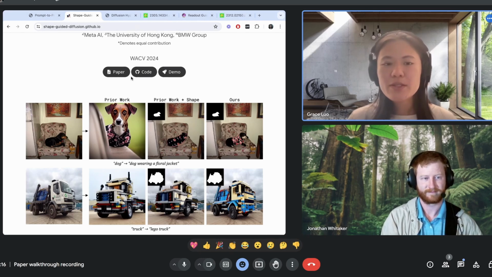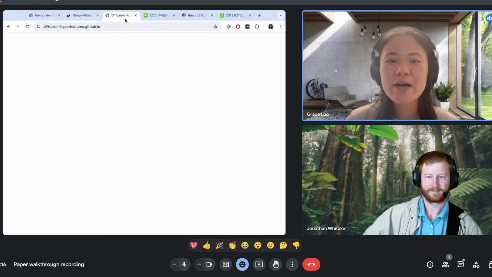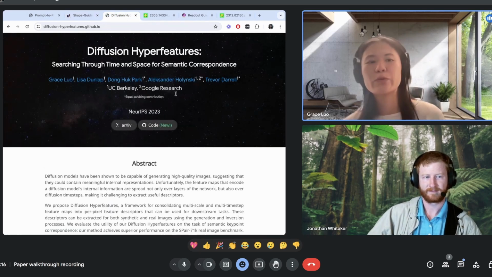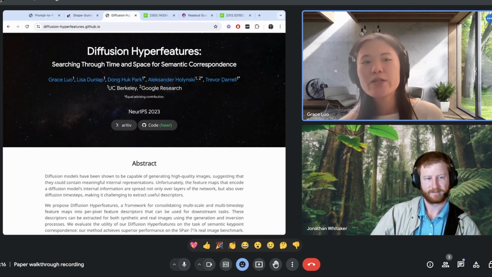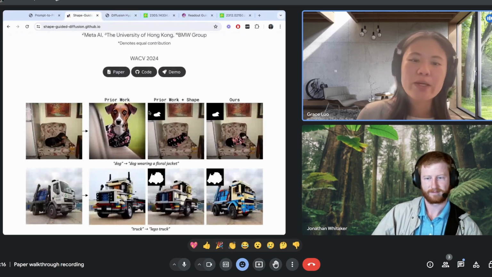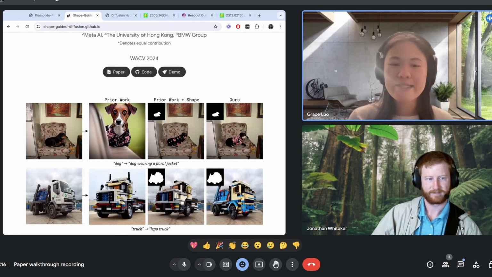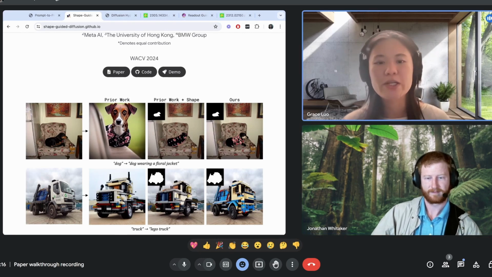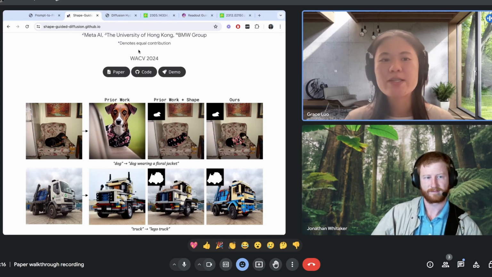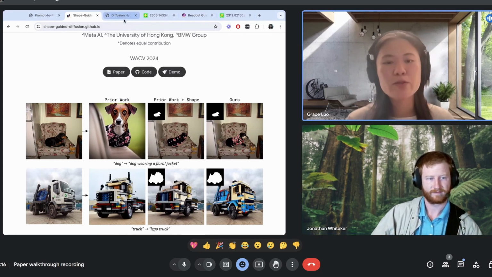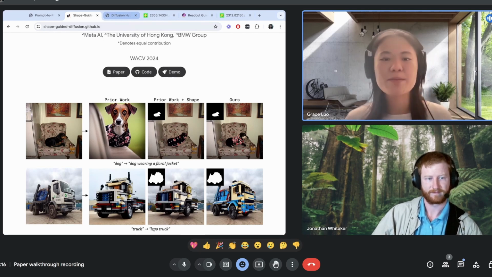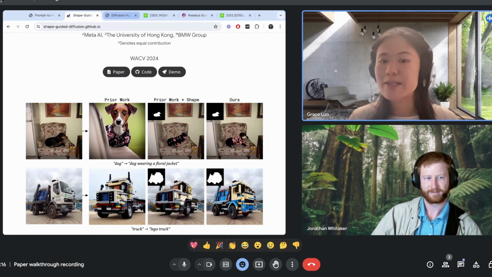After that paper, we shifted gears. We did this really cool paper where we looked at the internal representations and used them for an editing task, which is still very close to image generation. So now the question is, can these features be useful for things beyond image editing, like a canonical discriminative task that people have tried for a very long time, but instead with this generative model and its features?